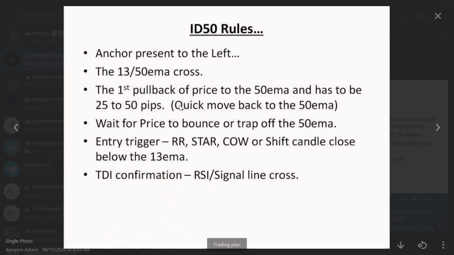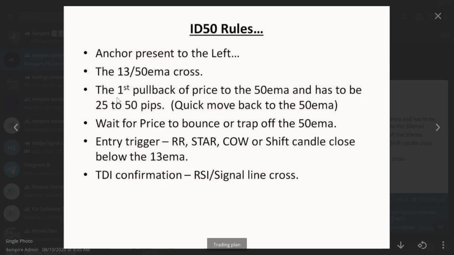Then this is where it gets interesting. After your 13 and your 50 EMA have crossed, the first pullback of price to the 50 EMA has to be between 25 to 50 pips.